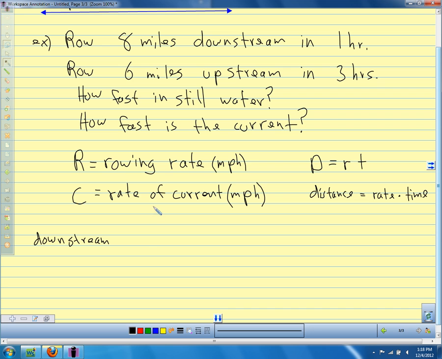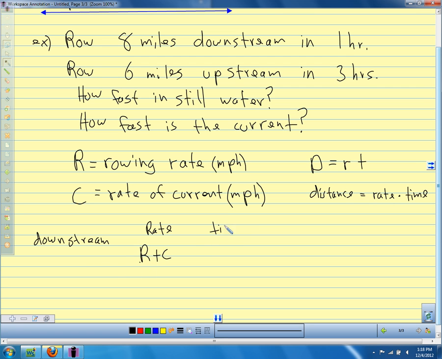If I'm on a traveling walkway in the airport and I walk at 2 miles an hour and the walkway goes forward at 1 mile an hour, how fast am I going? 3 miles an hour. I add the two, right? So downstream, my rate is how fast the person's rowing plus how fast the current's going. I add the two together. The current helps me go downstream.